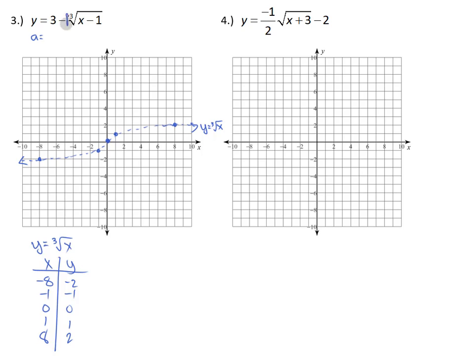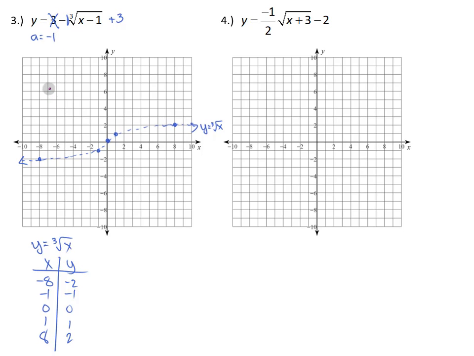Now remember, a is the multiplier on your radical, which is actually the -1 in front here. So a is -1, which does mean we have a reflection. Okay, but since it's 1 exactly, positive or negative, there's no stretch or compression. Now this 3 is actually held to the radical by addition or subtraction. You can actually think of this as being a positive 3 over here.